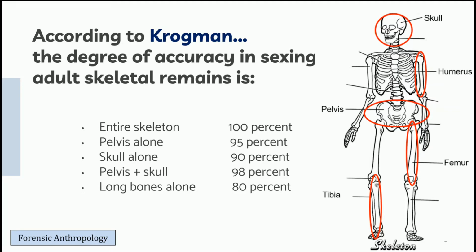But if we only get the pelvis, it decreases to 95%. With only the skull, it decreases again to 90%. But if we get both pelvis and skull, it increases to 98%. And if we only get the long bones, the accuracy is 80%.